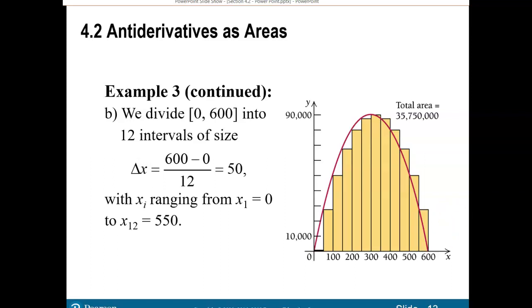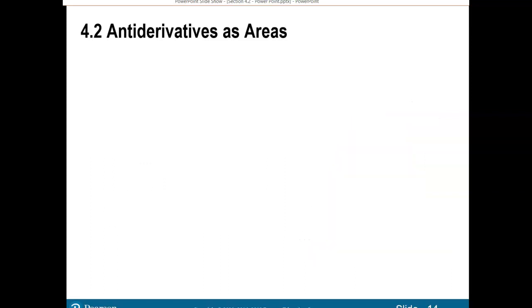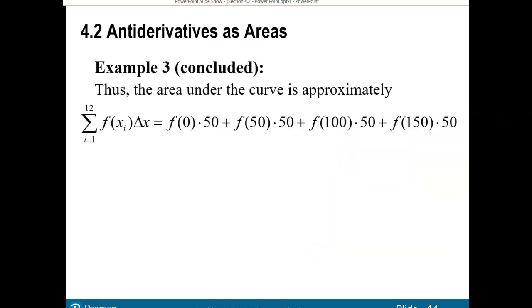All right, so this time we're going to have 12 numbers to add together. So we're going to sum from i equals 1 to 12, our f of x sub i delta x. So we start again with 0. This time we're moving over 50 units each time. Our delta x is 50 for this problem.